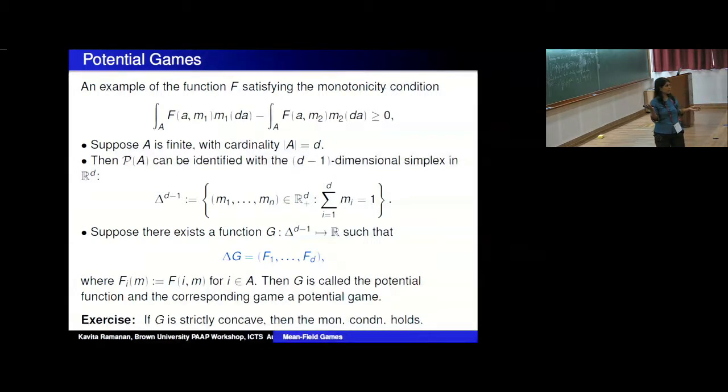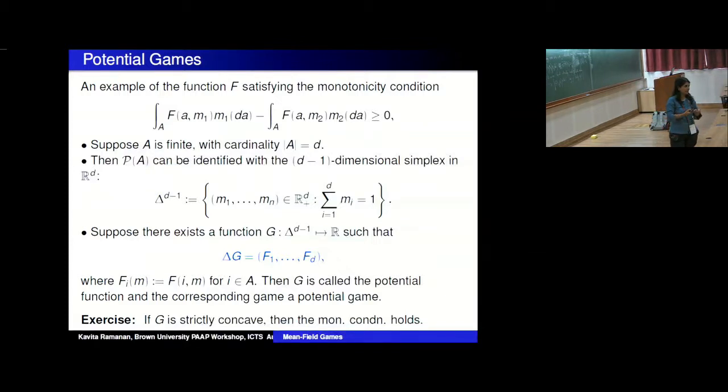The details are not too important, except that you assume something about the form of the payoff function: how it depends on the players and measures is given as a gradient of some other function G. And as a little exercise, if G is strictly concave, then the monotonicity condition holds.